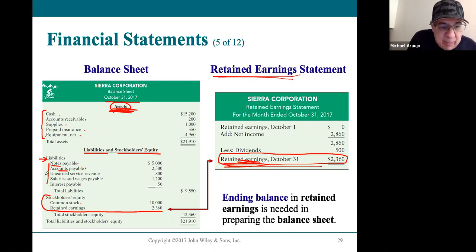I do want to bring up this, I think I brought it up in the video that I posted of a previous lecture, but it's very important that you understand this liability called unearned revenue. Unearned revenue is simply when the customers pay up front. And it's a liability because you owe the customer for what they paid for. And this is a lot more common than people realize.